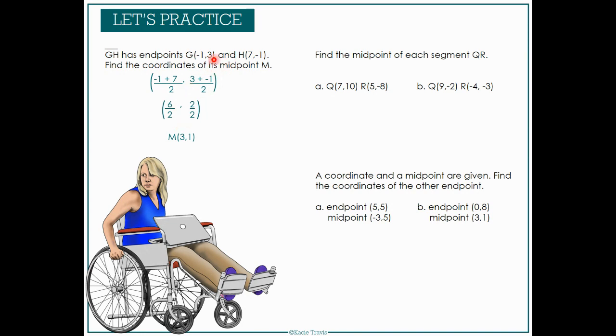And since these are 4 spaces away from each other, I'm looking for something that's 2 away, which means that 2 away from 3 would bring us to 1. 2 away from -1 would bring us to +1. So honestly, you can hit it with the formula or you can count it. A lot of this is just kind of simple logic with this, okay? Don't go too hard in the paint. Don't go too far in the woods, okay?